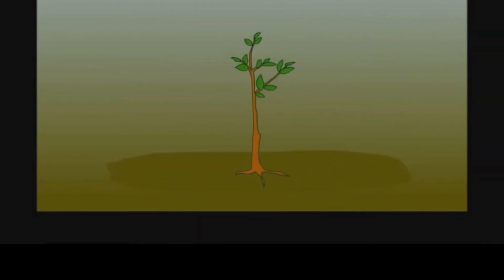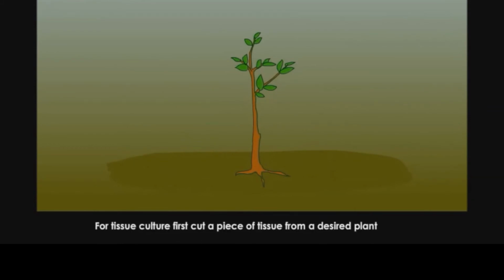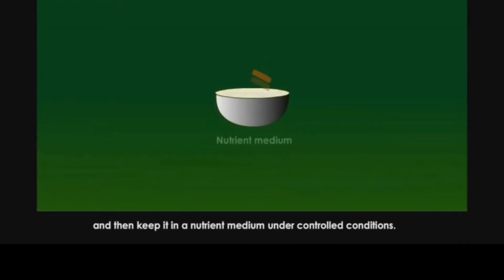Tissue culture. It is a modern method of vegetative propagation. Let us understand the steps in this process. For tissue culture, first cut a piece of tissue from a desired plant and then keep it in a nutrient medium under controlled conditions.